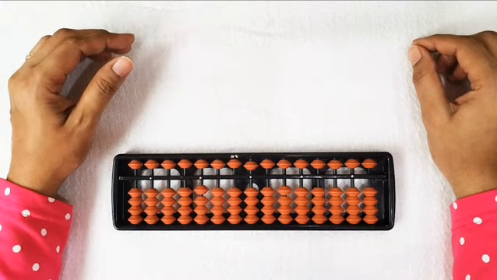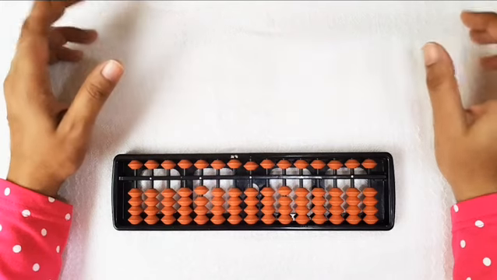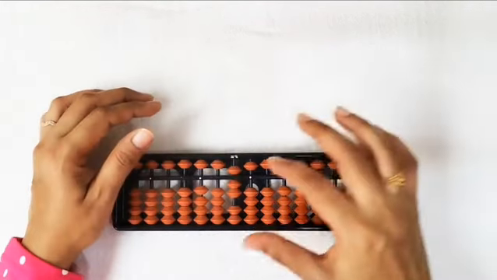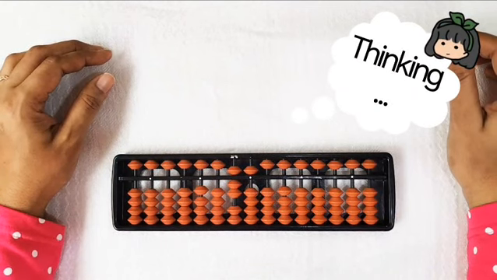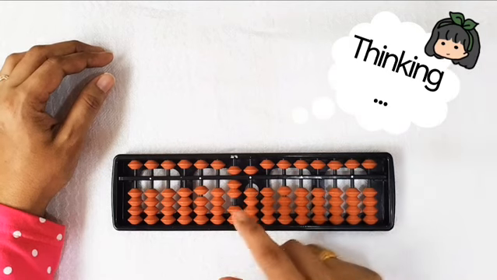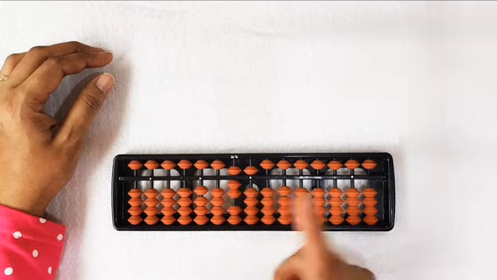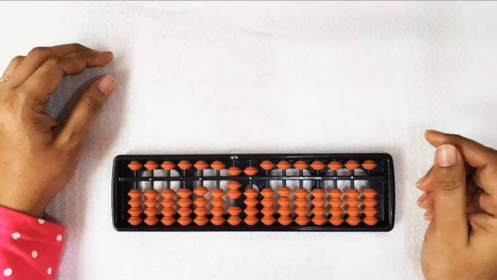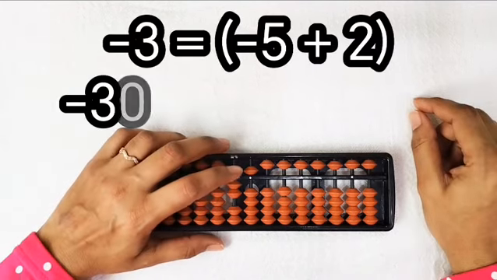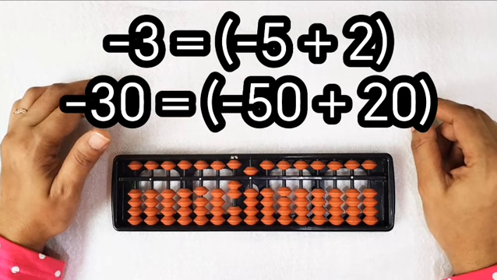75 less 32. So step 1, 75. Replace the number here. 75 less 30. Do we have enough beads? Do we have 3 beads? 30? No. So follow the small friend subtraction. Less the boss 5 and add 3's friend.